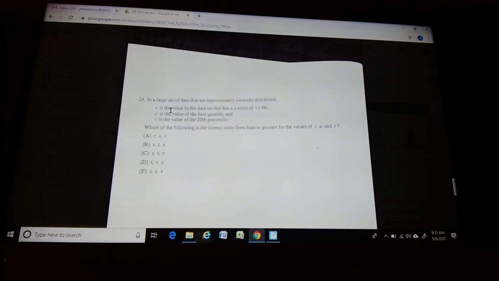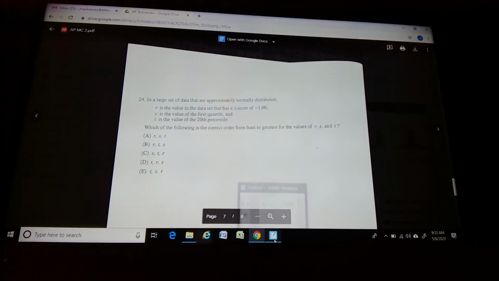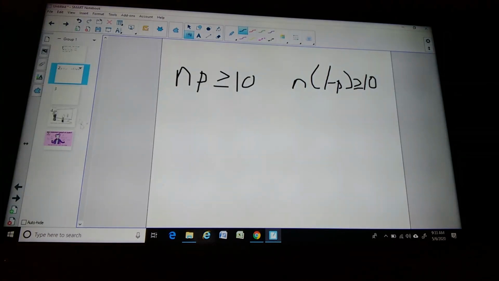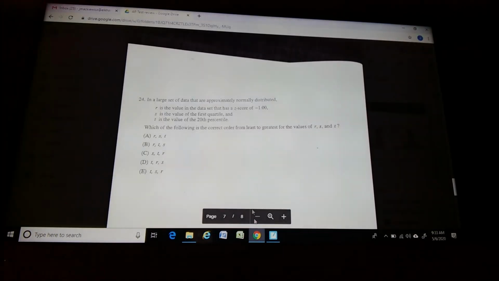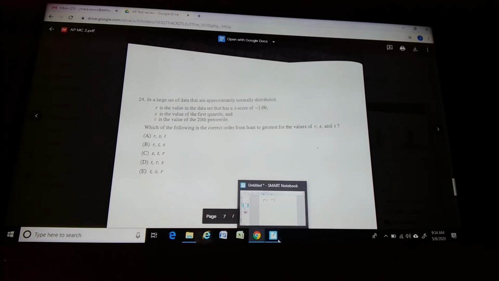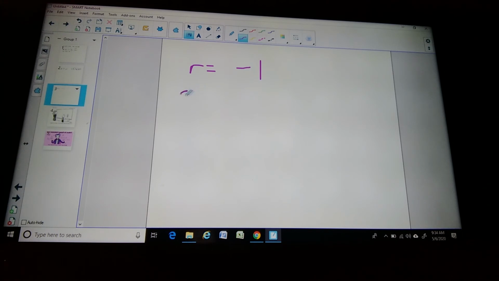23, we have to put these in the correct order. R, the z-score is -1. So let's just write that down. R has a z-score of -1. S and T we're going to have to figure out. First quartile, that means 25% to the left. So for S, we have to use our calculator, and we use inverse norm of the first quartile, 25%. And that turns out to be -0.67.